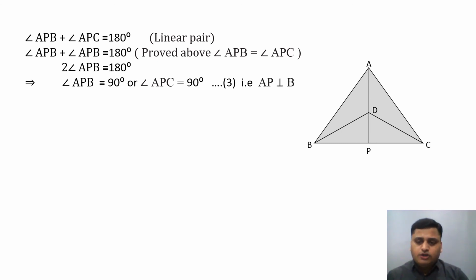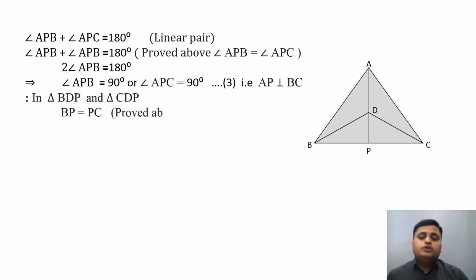Okay, all of you, till this it is clear. Now come to another part. We will take triangle BDP and triangle CDP. We are going to prove these two triangles also congruent, because we need to show AD is the bisector of angle D also. So BP is equal to PC, proved above. BD is equal to DC, that is given, and PD is equal to PD, that is common.